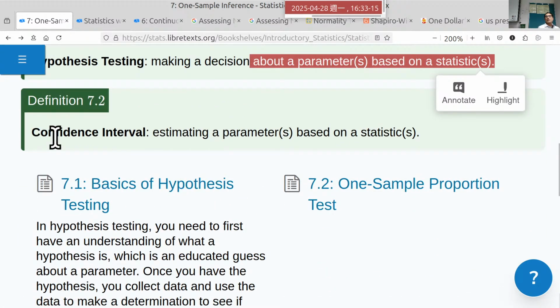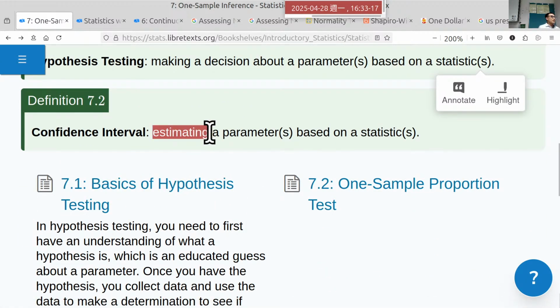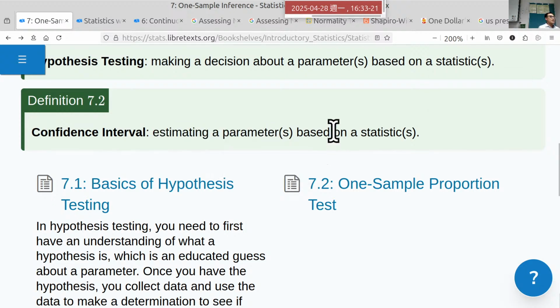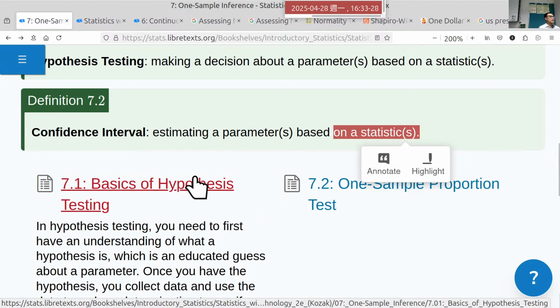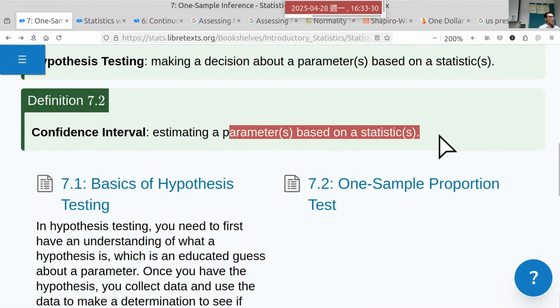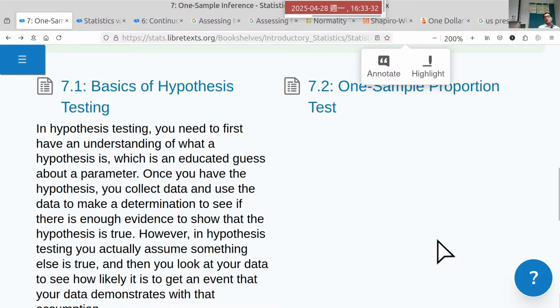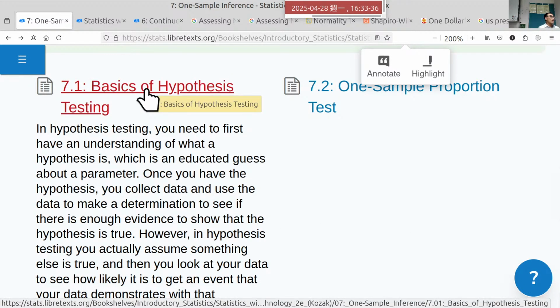Second one, confidence interval: estimating a parameter or parameters based on statistics. I know it's not easy to understand, but now, confidence interval estimates a parameter based on statistics. Okay, let's move on. Chapter 7.1, basics of hypothesis test.